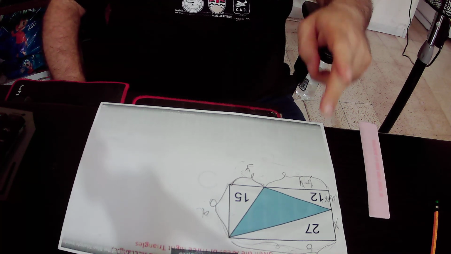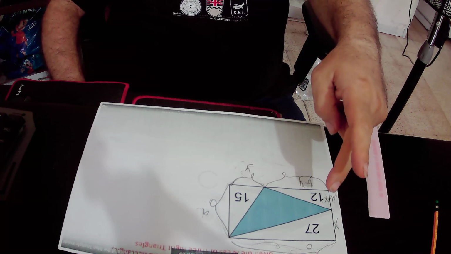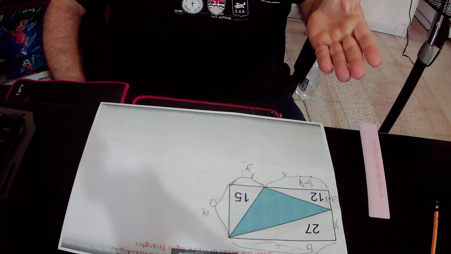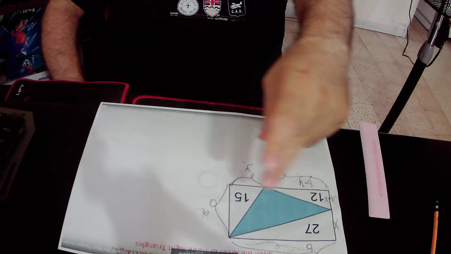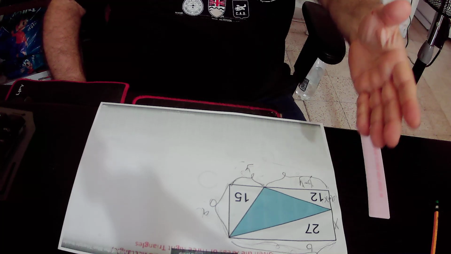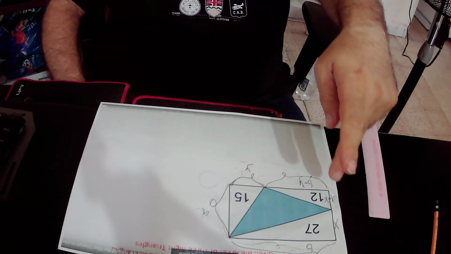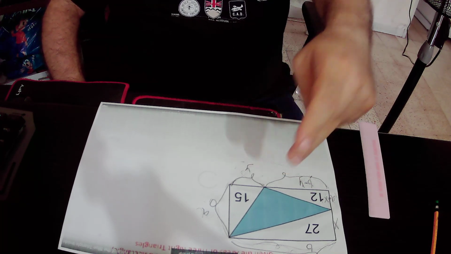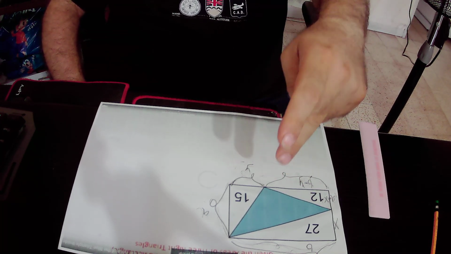The only thing that we have to find is the area of the rectangle, and then we'll subtract from it the sum of the areas of the three right triangles, and in this way we will get the area of the blue triangle.